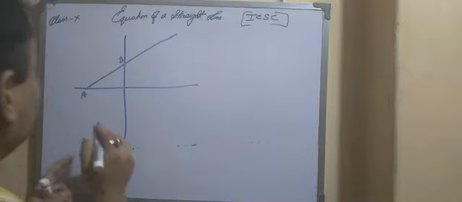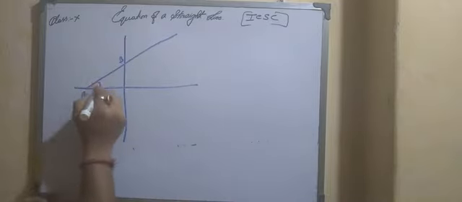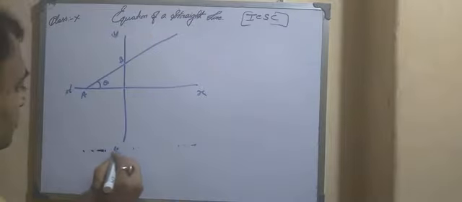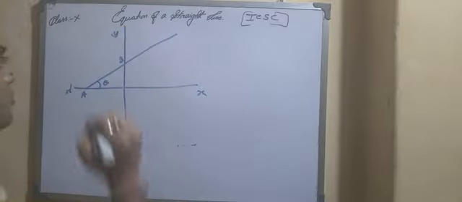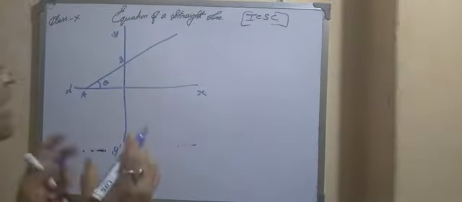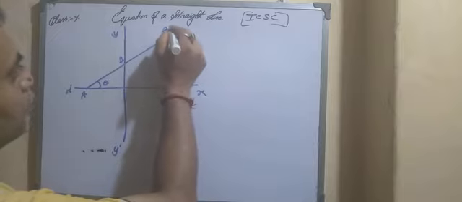AB is a straight line which makes an angle theta with the x-axis. Let any point P on line AB, and its coordinates are x, y.